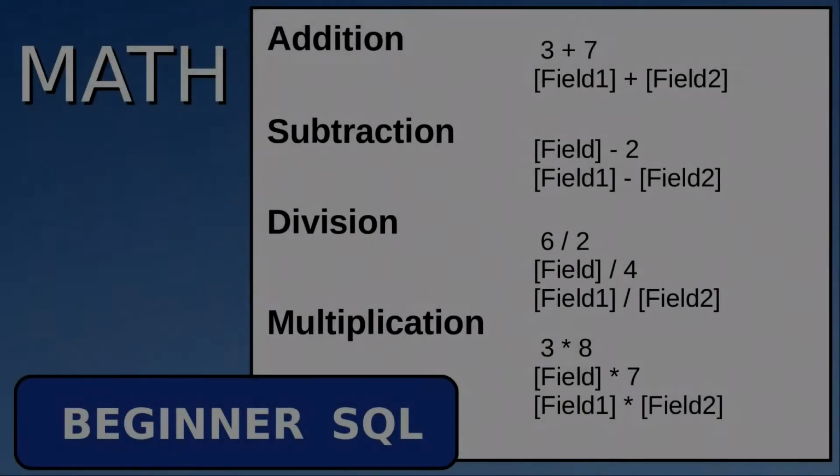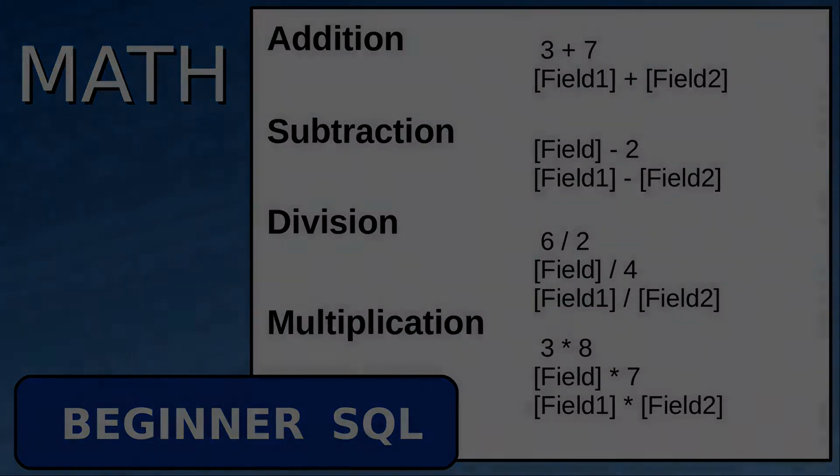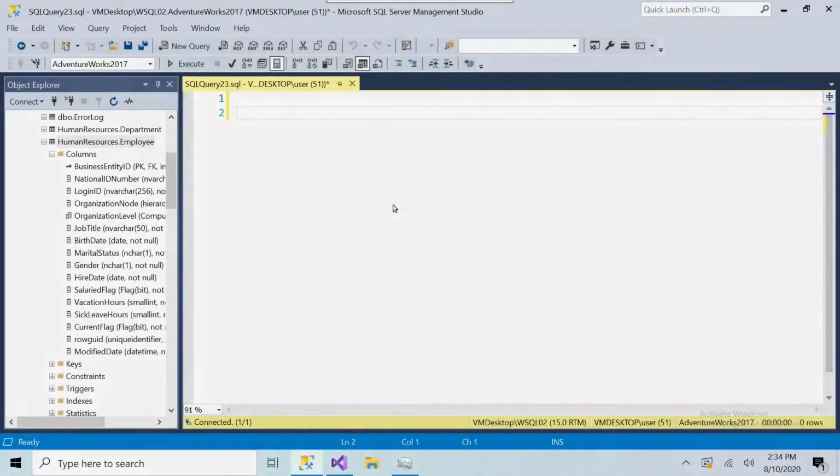Now SQL Server offers plenty of mathematic functions. There's a lot of functionality built into the language, so you don't have to do the math yourself. You don't have to do the subtraction, addition, division. So we'll just use some basic select statements. Something like, let's add 2 plus 3 plus 5, something like that.